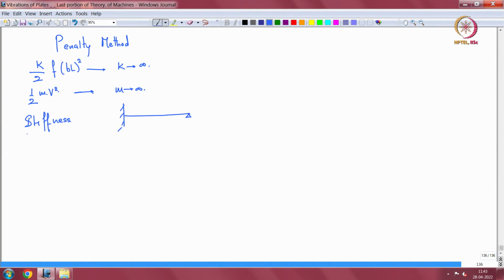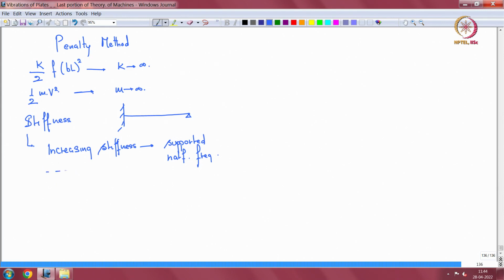If you do it using a stiffness, you can keep on increasing the stiffness, and it will approach the clamped supported natural frequencies, and it will approach from the bottom, from lower value.